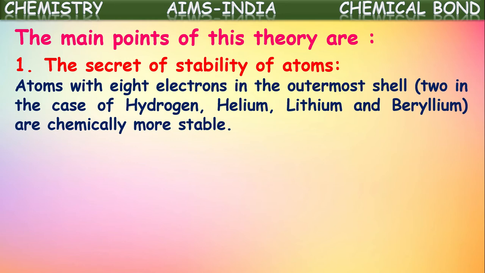Atoms with 8 electrons in the outermost shell are chemically more stable. It is observed by the scientists that some elements are more stable and least energetic too. That means the atoms of those elements do not participate in the chemical reactions. They do not combine with any other elements, and even they do not combine themselves also.